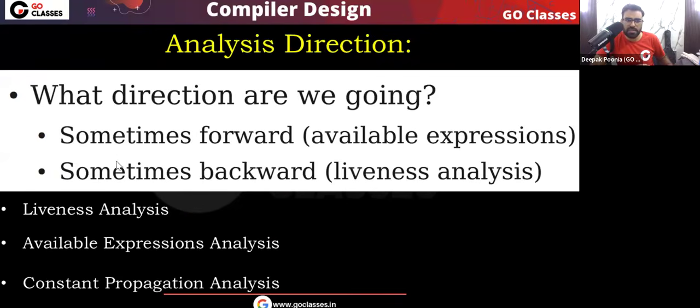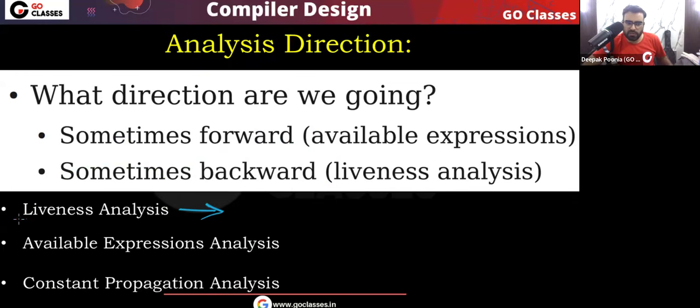So you can notice that available expression analysis is done in the forward direction, and liveness analysis is done in the backward direction, or opposite direction, or reverse direction. When we study these analyses, it will become very clear. But right now, remember that different analyses have different directions.